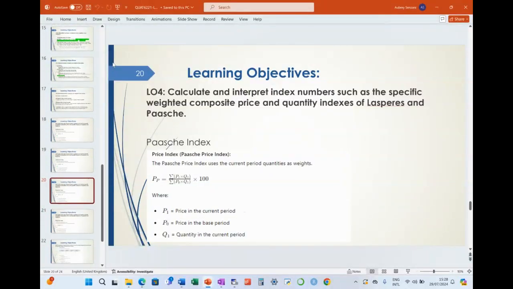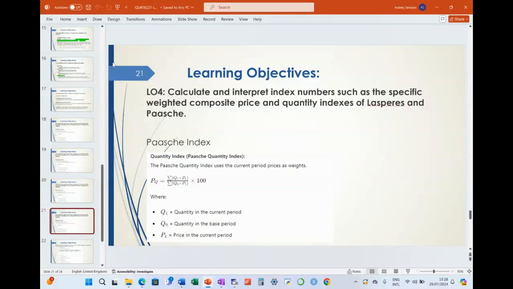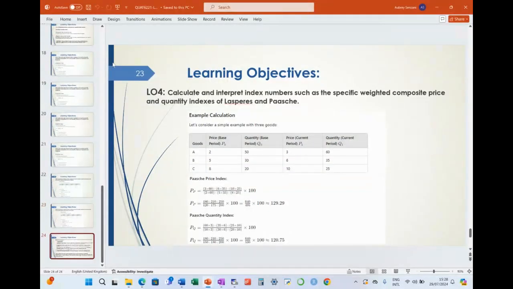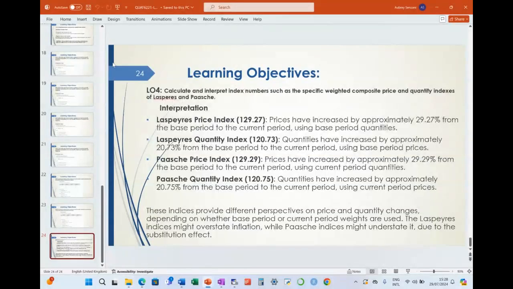All right, there's the price index here, and then there's the quantity. These are the 4 formulas I said were of relevance for you. And then here they give you examples, interpretation, and that is it. So that's your learning unit 2.